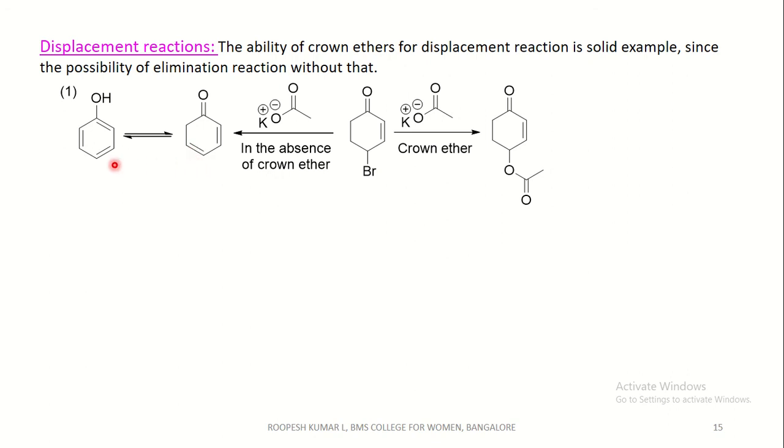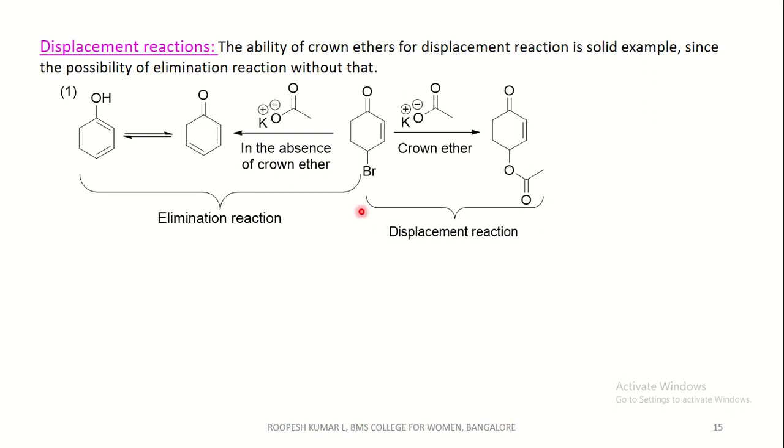This quickly rearranges to phenol in the absence of crown ether, whereas in the presence of crown ether, substitution, that is displacement reaction happens, where bromide is displaced to form the corresponding acetate ester group. Coming to the second, this is an example of a displacement reaction, and this is an example of an elimination reaction, wherein HBr is eliminated with the formation of a double bond.